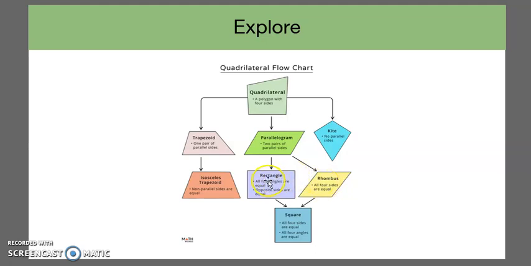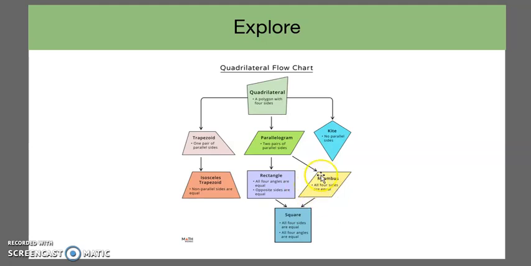So in a rectangle, they have unique properties. It's broken down from a parallelogram, but a rectangle has all four angles equal and opposite sides equal. So here we have four equal angles. They're all 90 degrees, and the opposite sides are equal. So the top and bottom are equal, and the left and right are equal. With the rhombus, all four sides are equal.